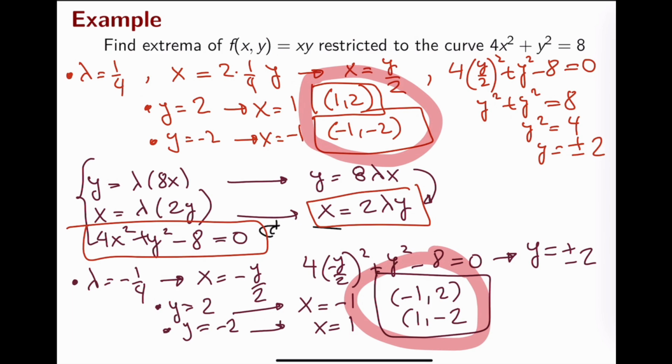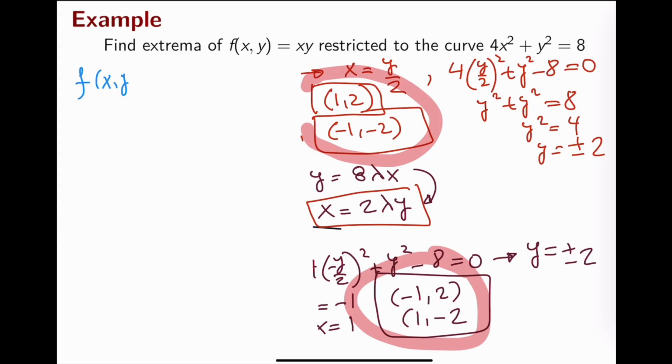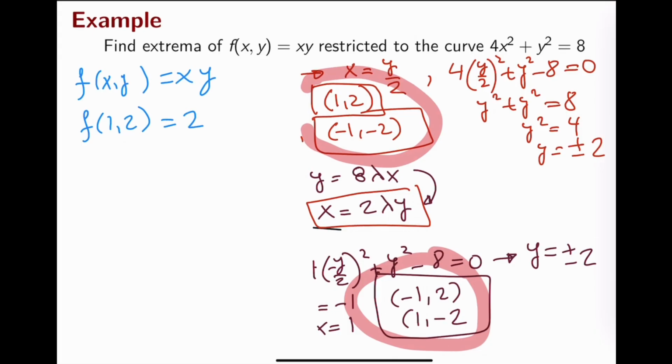So what remains now is to actually evaluate the original function at each of the points in the list. F of (x, y) was x times y, right? So evaluated at (1, 2), the first of the points in our list, is going to be just 1 times 2. In this case, it's just 2.